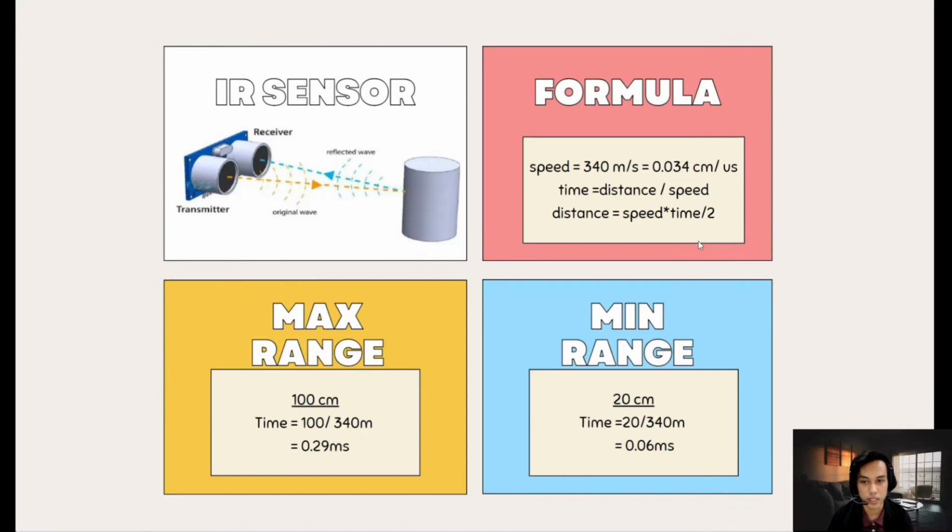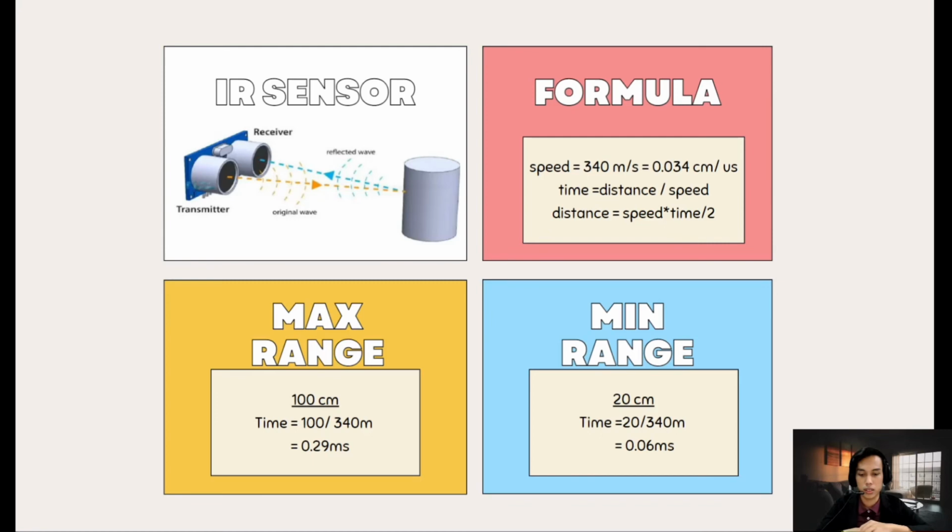Next is the calculation part. How does the ultrasonic sensor work? The sensor detects the signal through transmit and receive. Let's say there is an object in front of the sensor. It will send a signal, and the receiver will detect the range.